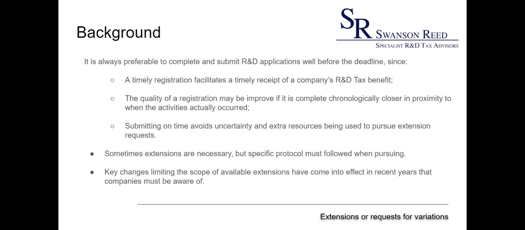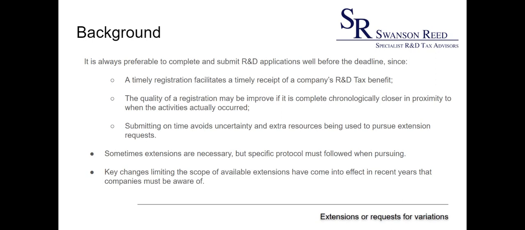Where possible, it is always preferable to complete and submit R&D applications well before the deadline, since a timely registration facilitates a timely receipt of a company's R&D tax benefit. The quality of a registration may be improved if it is completed closer in proximity to when the activities actually occurred, for example, sooner after the end of year.